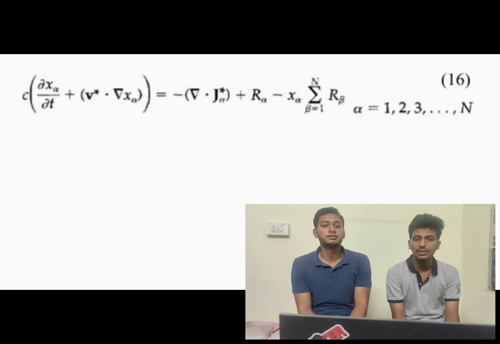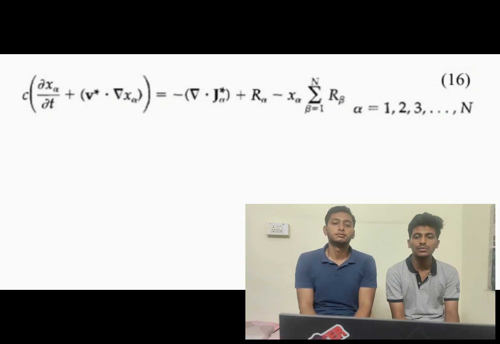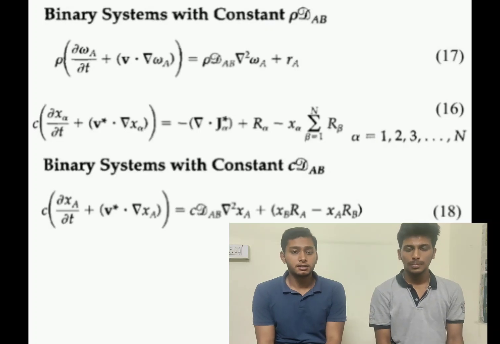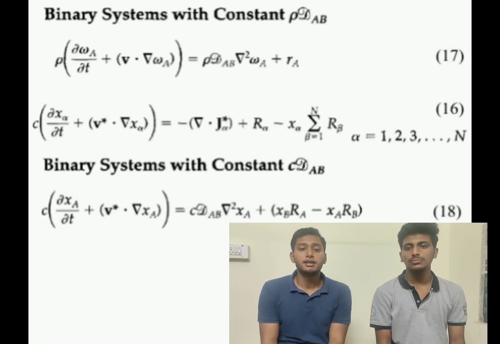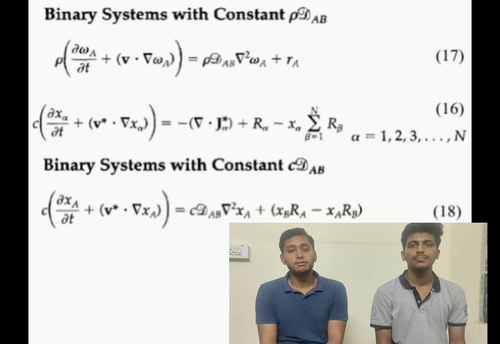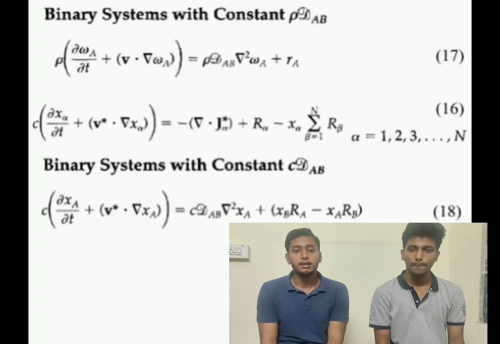The left hand side, the time derivative and the convective transport, which is C times ∂xA/∂t plus V* times ∇xA, where C is the total molar concentration of the mixture. It's the scaling factor.